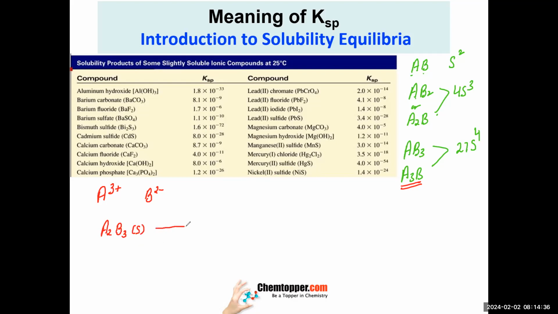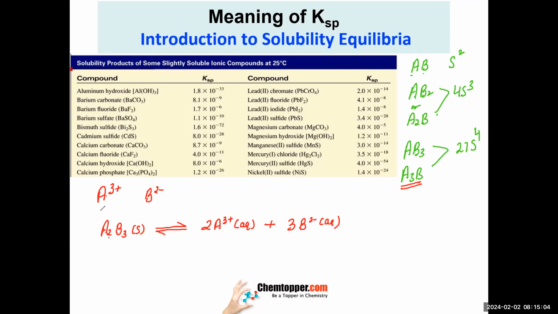I'm going to make a saturated solution, equilibrium. What will I get here? 2A3 plus, this 2 will come in front, these are the ions I'm getting in the solution. Plus, what else? 3B2 minus, right?